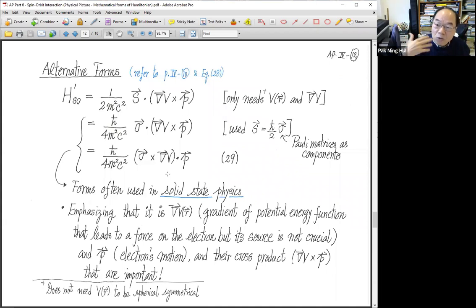So that will not usually be central force. Nonetheless, this form works, okay? So all it says is that it is the gradient, the change, the slope, well, in higher dimensions, 2, 3 dimensions, the gradient of the potential energy profile that works, okay? That gives rise to an internal B field.